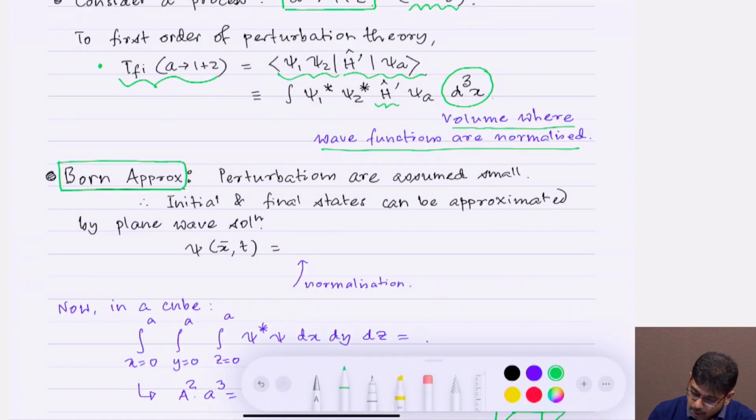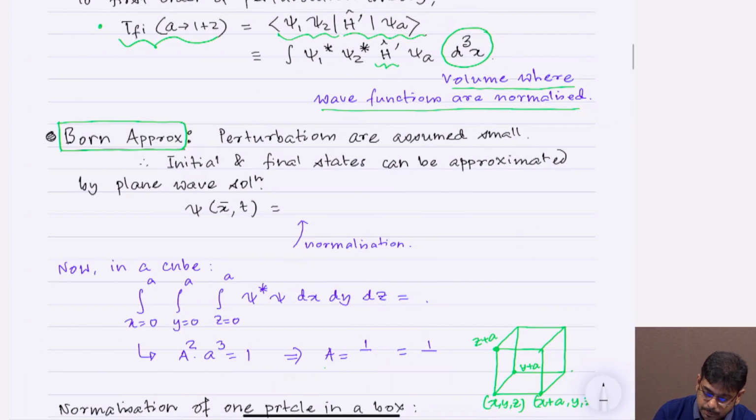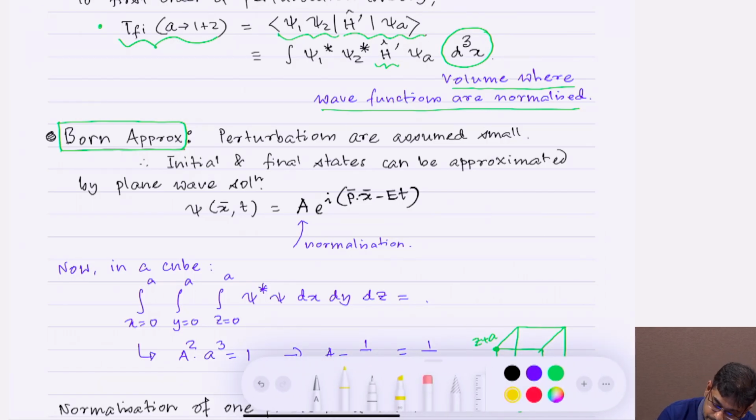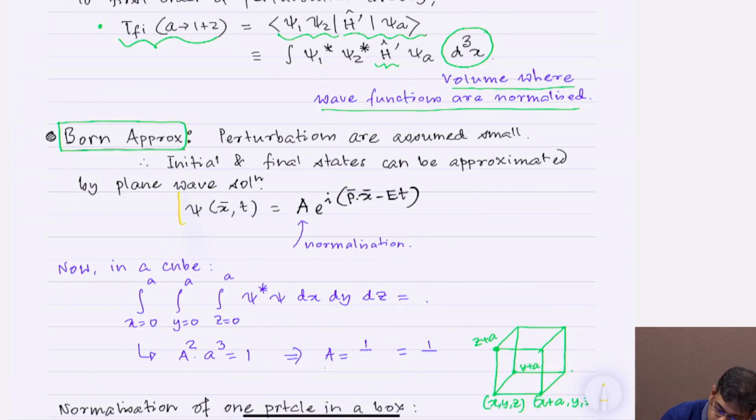Now, I am sure all of you can tell me what is a plane wave solution. So, psi(x,t) can therefore be written as A e^{i(p·x − Et)}, correct? So, this is how we can write the plane wave solution using the first Born approximation.